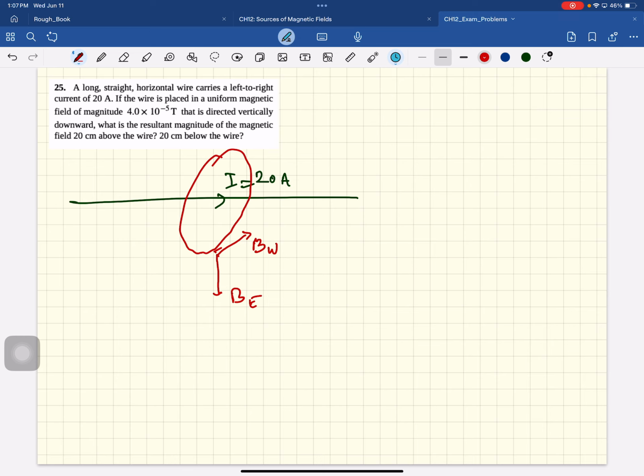The magnetic field produced by the wire is mu naught I divided by 2 pi r.